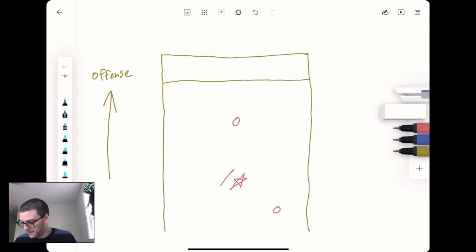Okay. At a later point, we'll talk about the available actions for particular offenses, but today I'm just talking about the available configurations that are out there. So this is one.